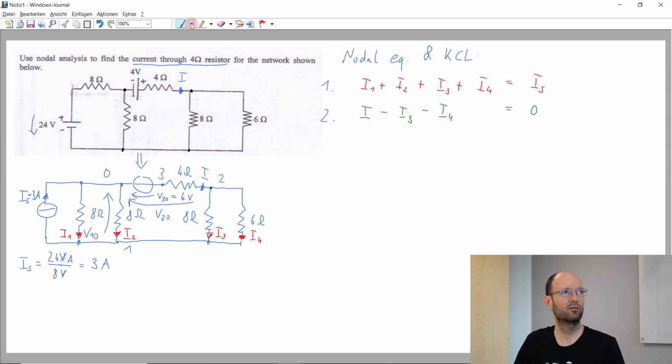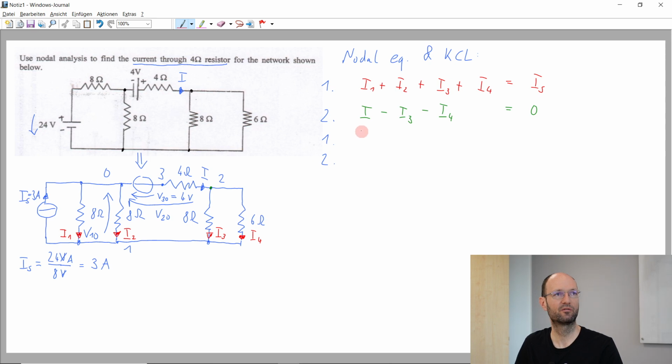Okay, so the next step inside these equations would be to replace the currents by voltages. And so if I once again start with 1, or do it for 1 and 2, this current depends on this voltage divided by this resistance.